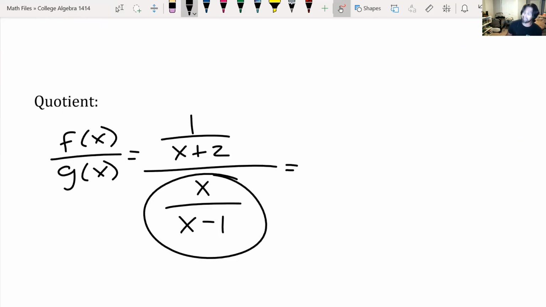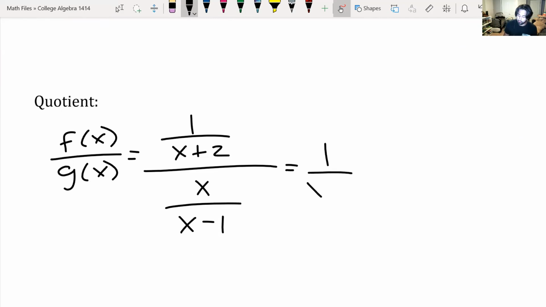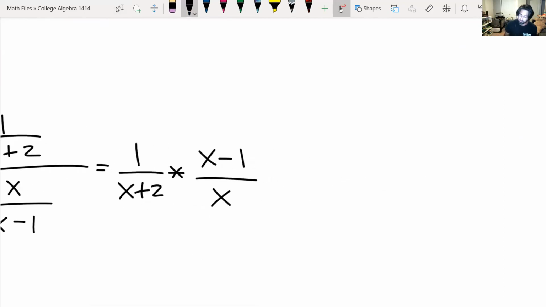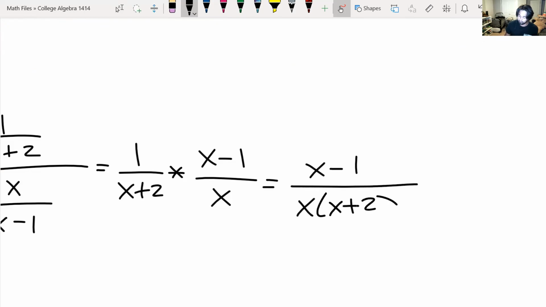So we reciprocate the denominator, or like students love to say, we flip. So 1 over x plus 2 times the reciprocal, x minus 1 over x. And once again, no common denominator needed. And we are left with x minus 1 over x times x plus 2.